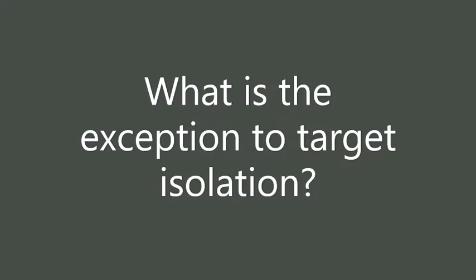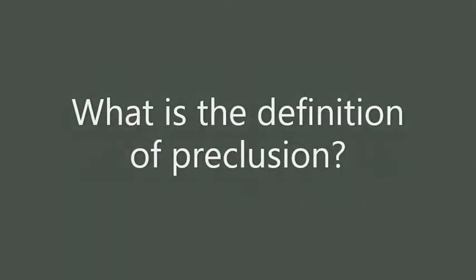The greater danger exception. Shooting without target isolation if the consequence of not stopping the threat would be worse than the possibility of hitting an innocent person. What is the definition of preclusion? The officer reasonably believes all other options have been exhausted or would be ineffective.